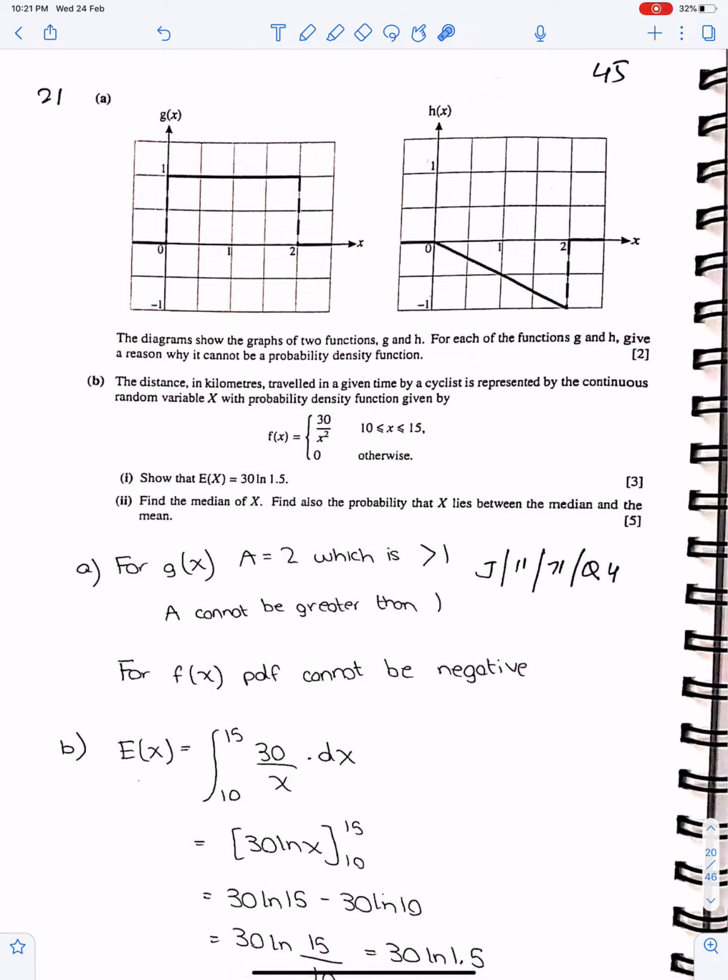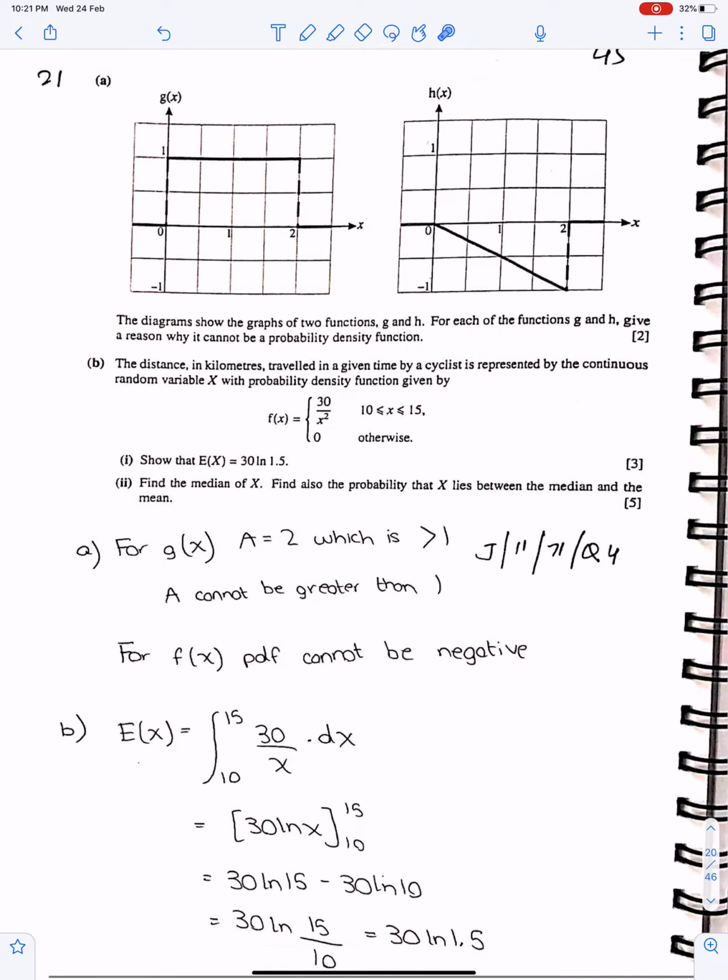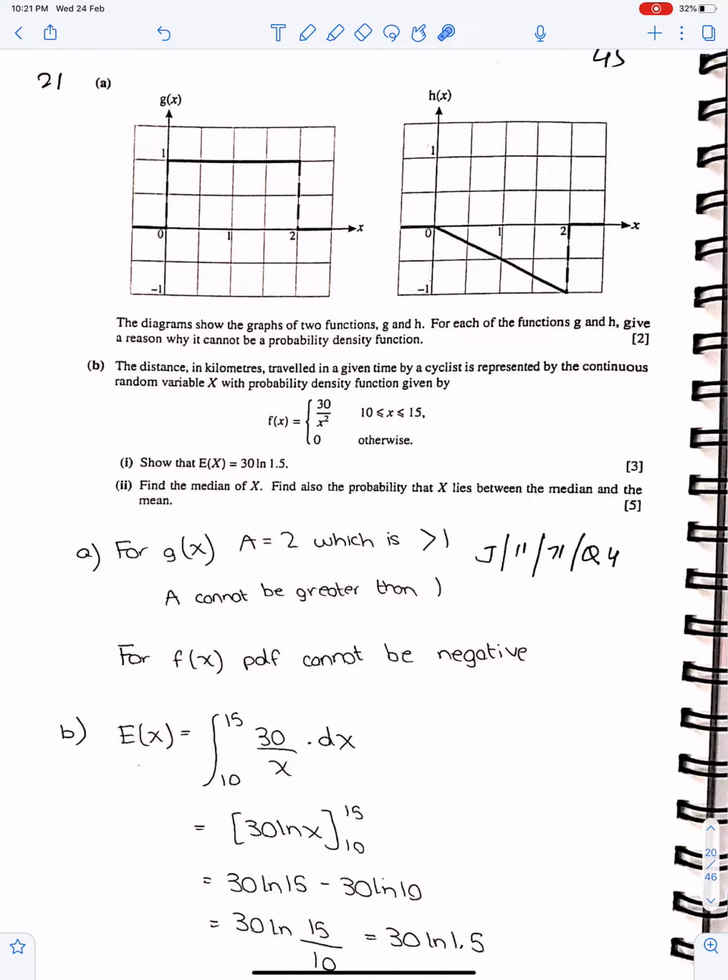Next question, 21. The diagram shows the graph of two functions g and h. For each of the functions g and h, give a reason why it cannot be a probability density function. Now this is so simple. If you check the area of this function, it's 2. Since the total probability is always 1, therefore this function g cannot be a PDF because the area is greater than 1.